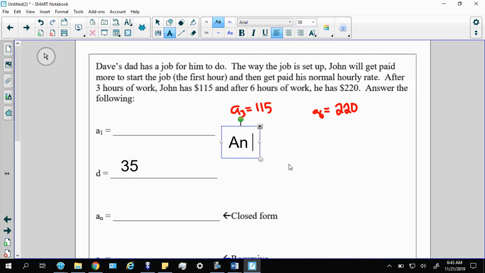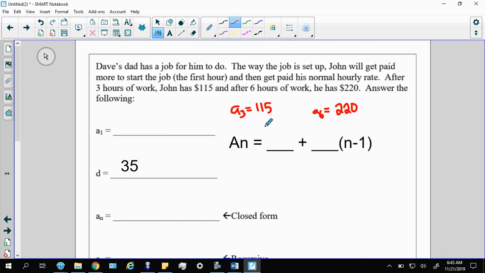A of n is equal to something plus something times n minus 1. You decide what you want to do. I want to use, remember you have to find your first term, your common difference is 35. I'm just going to take 115, plug it there, and take 3, plug it there.